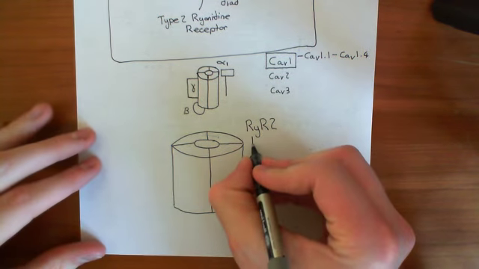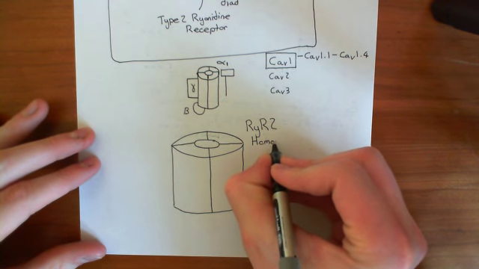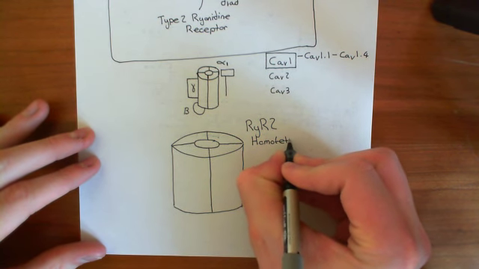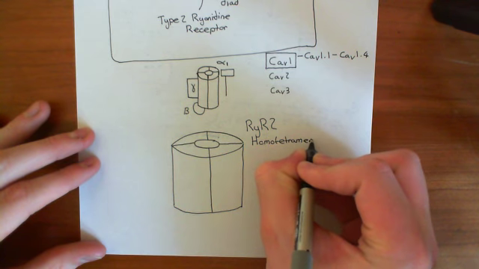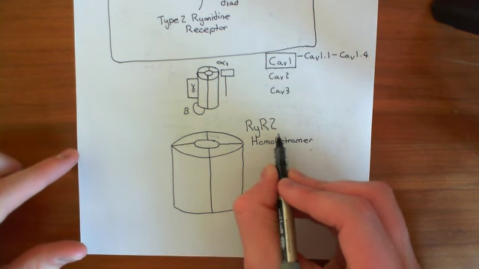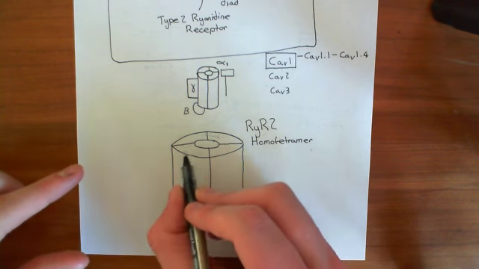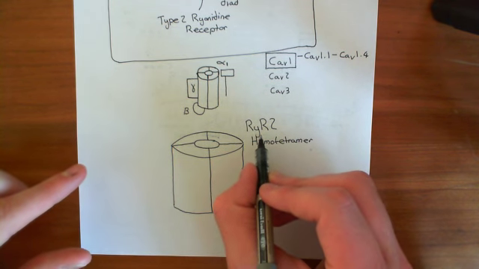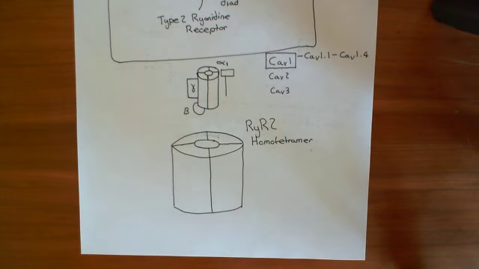So it's a homotetramer, and all four of these subunits are encoded by the same gene, the ryanodine receptor 2 gene. So there is one gene coding for the subunits, and you put all four of the identical gene products together to make a ryanodine receptor 2.